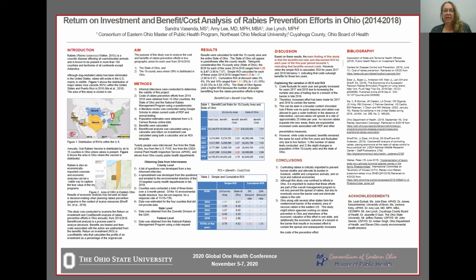I interviewed individuals in the state of Ohio and received the data through a data request from the National Rabies Management Program. I also used government data, for example, to estimate the population for each year. I used a spreadsheet to total the costs and a formula from the literature of a similar study to calculate the benefits that rabies prevention efforts would provide.